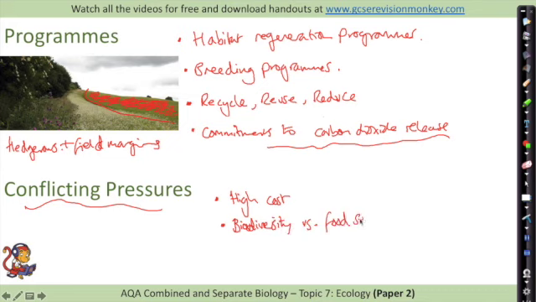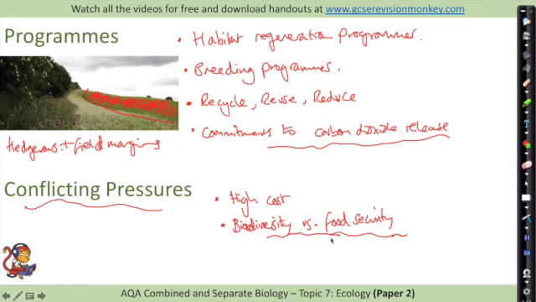So food security is making sure that we have enough food to feed all of the human population. And you can imagine, for example, the idea of these field margins would have a very close debate between the need for these field margins for biodiversity, but also the fact that they take away from an area where you could grow crops, so it could be affecting our food security in the future.